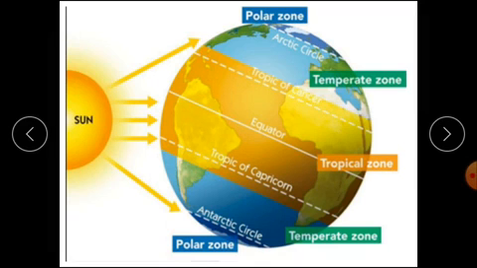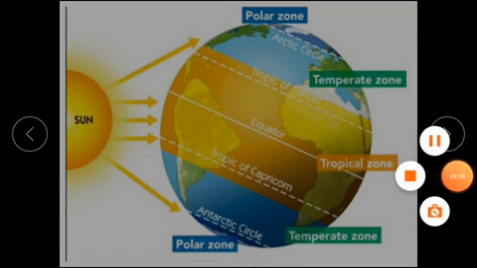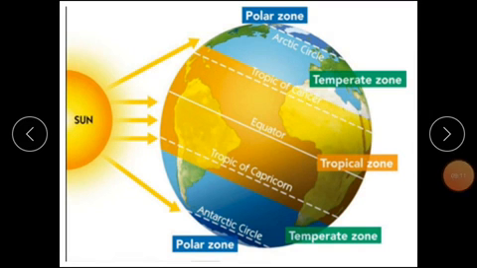So the temperate zone or the subtropical region is comparatively cooler than the tropics and the equatorial region. While if we talk about the polar zones, they receive very little to no rays of the sun, which is why they are cold throughout the year and snow is there throughout the year. I hope you understood it.